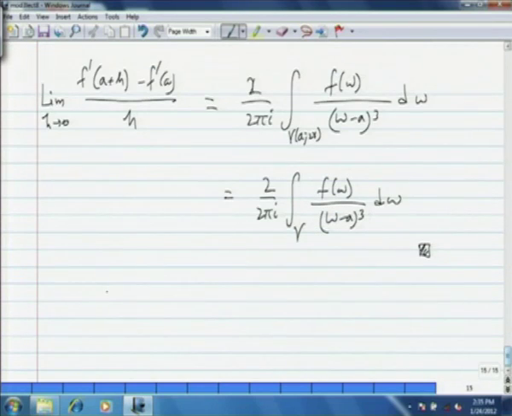Notice that f double prime of now z. So, we can treat a as a variable now, solely because a was an arbitrary point in the statement of the theorem.